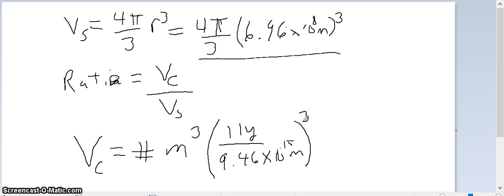Of course, the 1 light year is just going to be 1 light year cubed, but then you cube the 9.46, make sure that there's a decimal point there. 9.46 times 10 to the 15th. Cube that, and that'll give you the conversion factor.